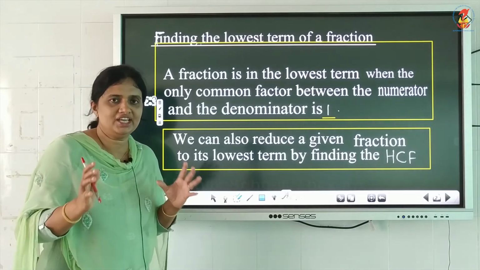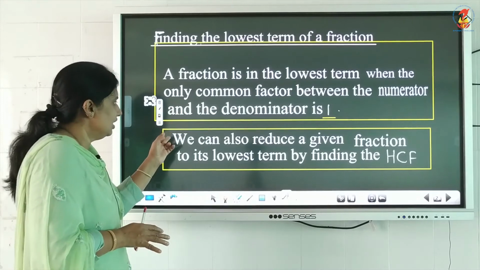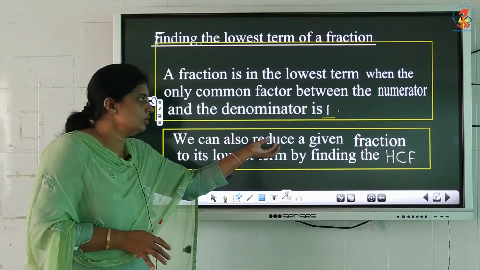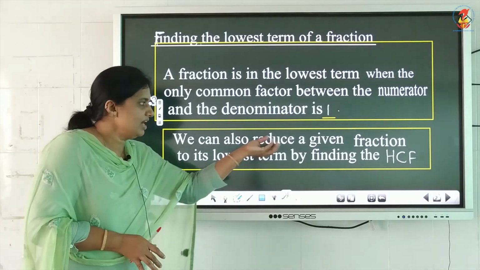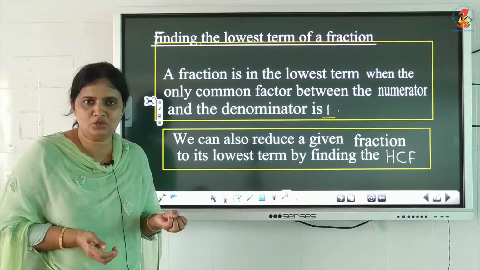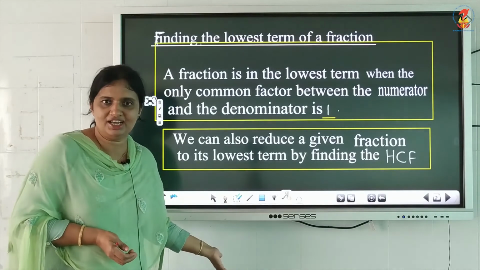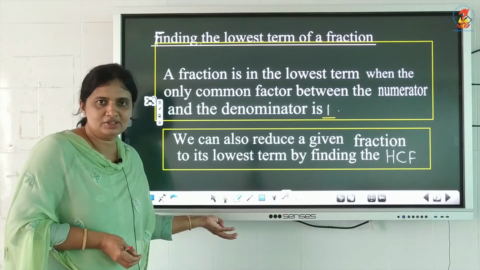Don't worry children, I will explain it later with the problem, then you will understand it nicely. We can also reduce a given fraction into its lowest term by finding the HCF. What is HCF? Highest common factor, that you studied in the last chapter, and you know how to find HCF also, right?